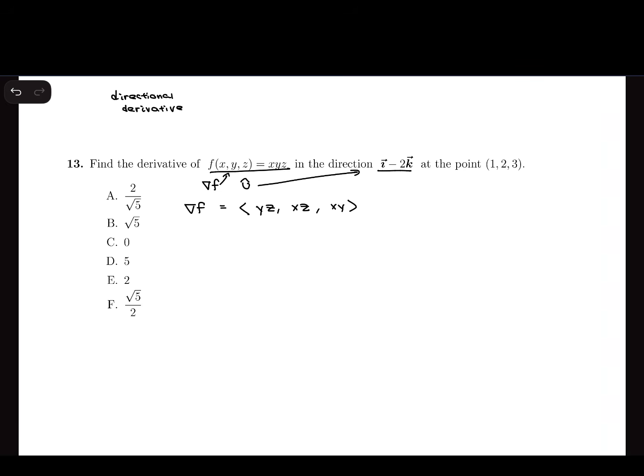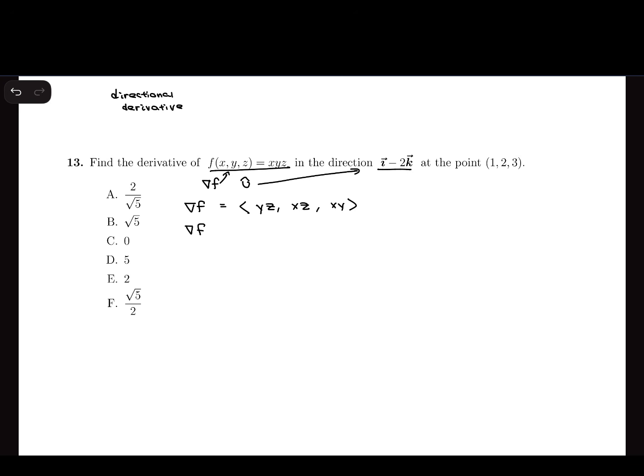Now, we're going to want to compute the gradient at point 1, 2, 3. Once we do that, you get 2 times 3, 1 times 3, and 1 times 2, which gets you the gradient 6, 3, 2. Okay, so now you have your gradient. Moving on to the next thing, which is to normalize your direction vector and find its unit vector.